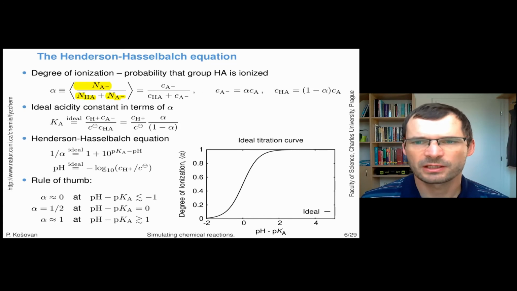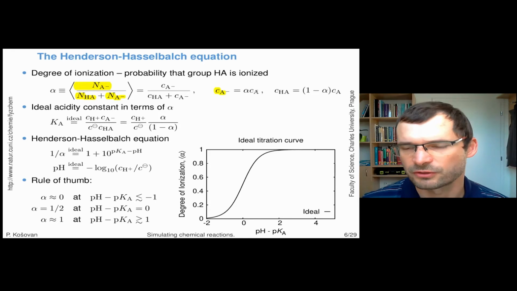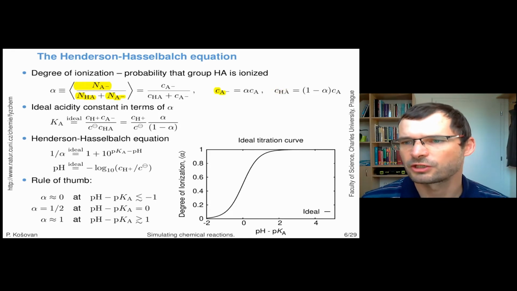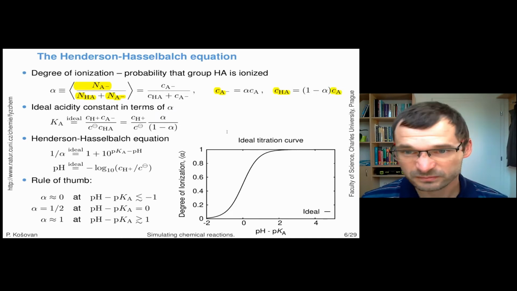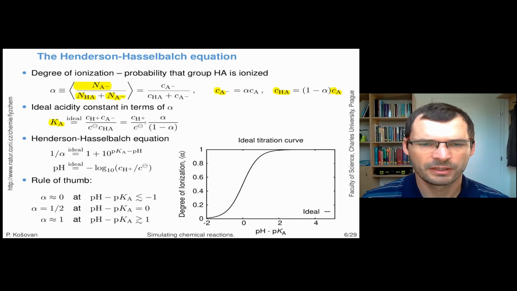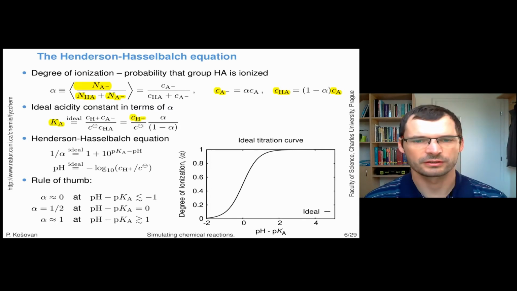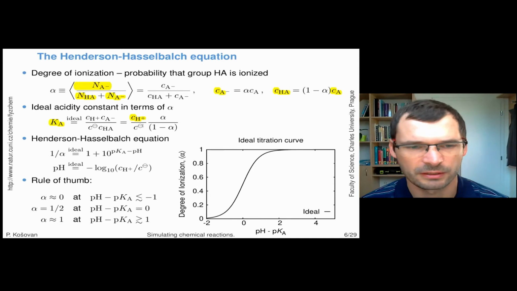That means that we can express the concentration of A minus as alpha times the total concentration of A, and the concentration of HA as 1 minus alpha times the total concentration of A. Introducing the alpha, we can then rewrite the ideal acidity constant as alpha divided by 1 minus alpha multiplied by the concentration of H plus ions and divided by the reference concentration to ensure that the whole fraction is dimensionless.